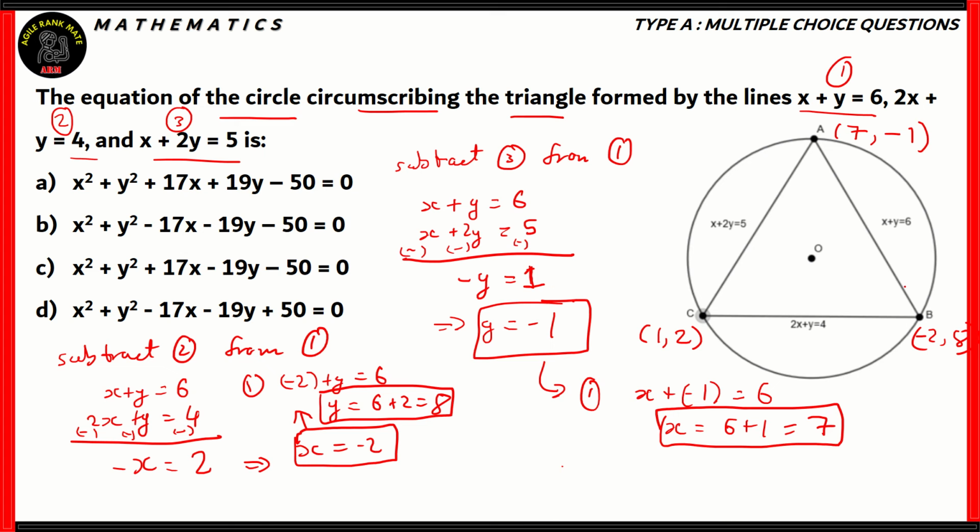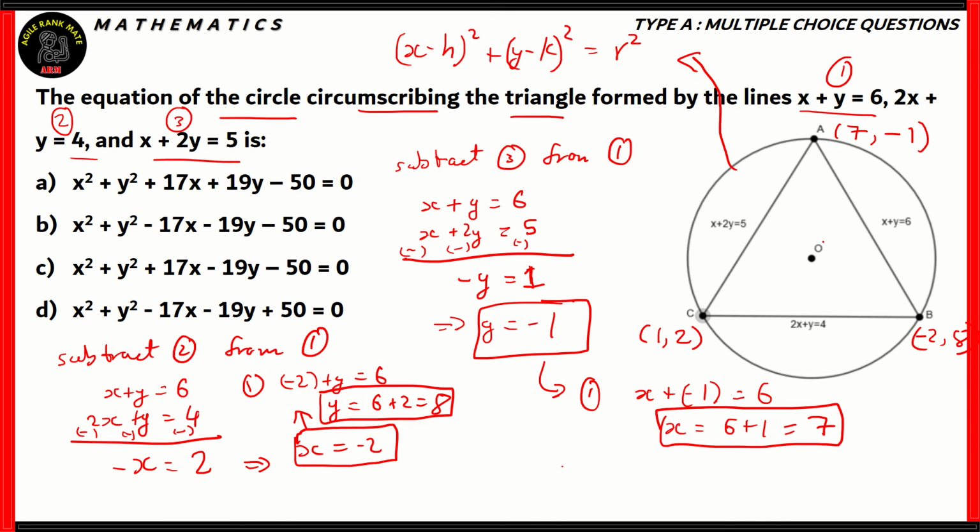Now if you look at these points, they are lying on a circle, since we have a circle circumscribing the triangle. Now we know that the general equation of a circle is x minus h the whole squared plus y minus k the whole squared gives r squared.